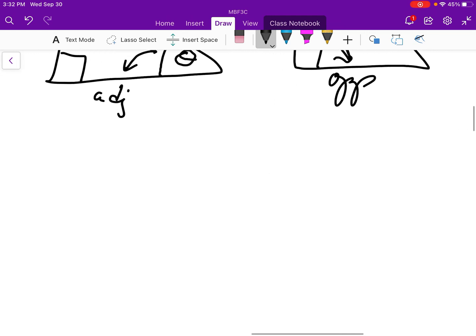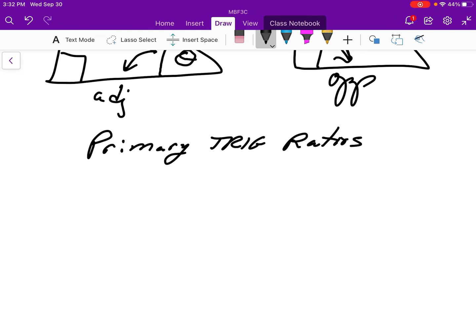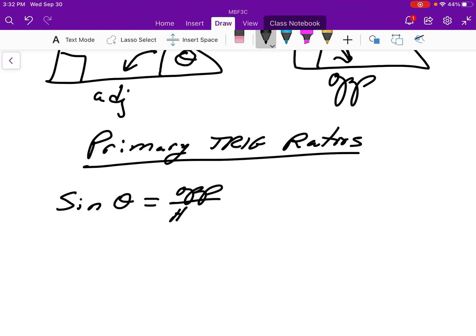What we're going to talk about now are the primary trig ratios. There are three primary trig ratios. We have the sine of an angle, which is the opposite side length divided by the length of the hypotenuse.